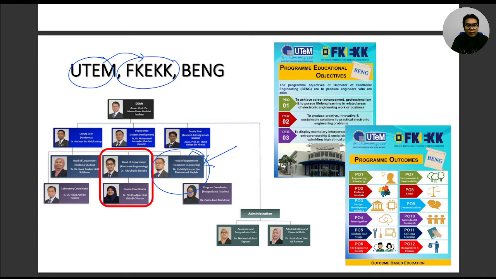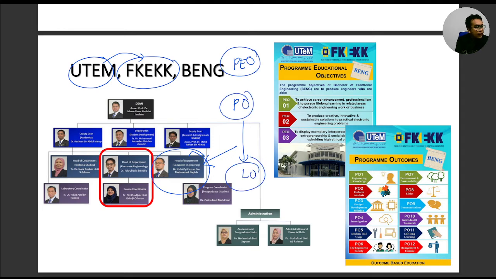Okay, right. So speaking of accreditation, as I mentioned earlier, we have PEO. We have PO on the top, PO in the middle, and LO at the very bottom. Okay, all right. So PEO is the attributes that are assessed 3 to 5 years after graduation.